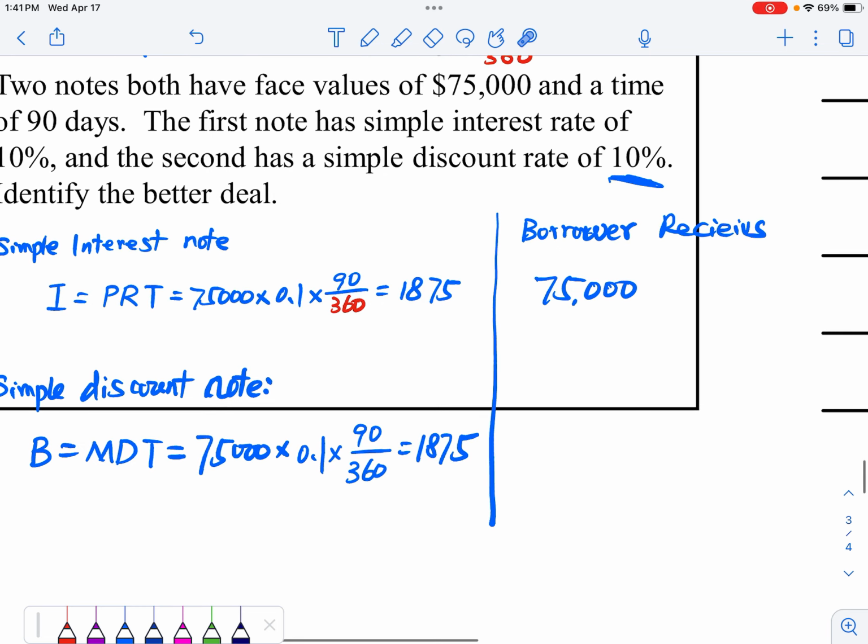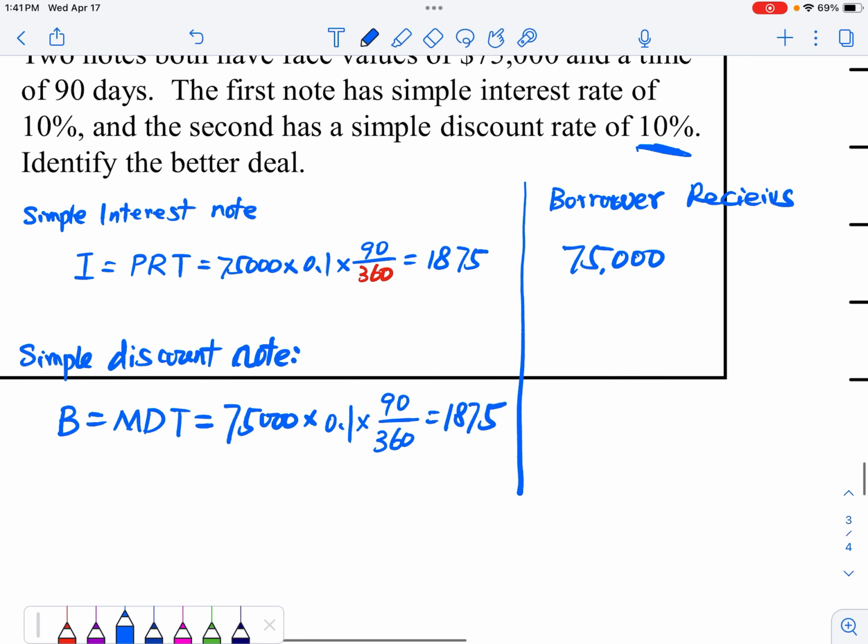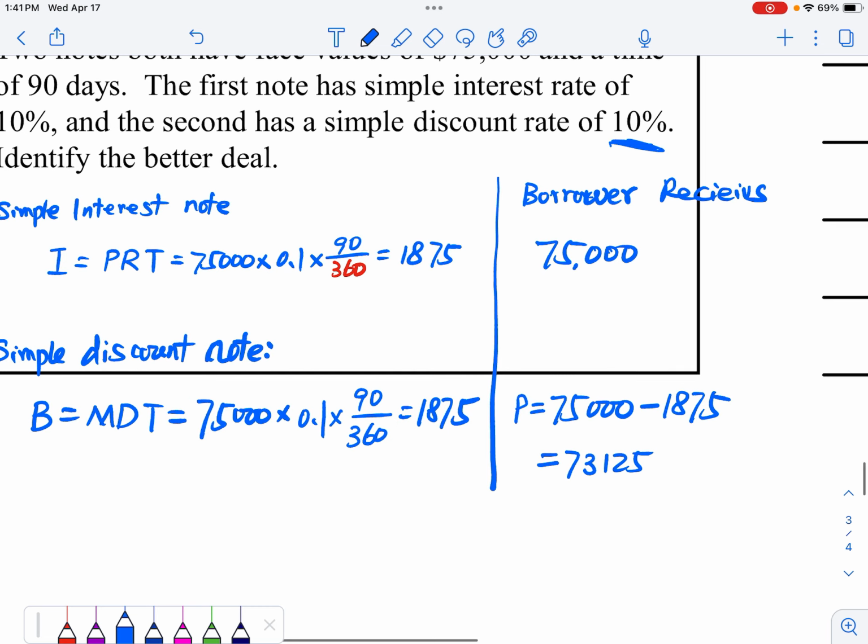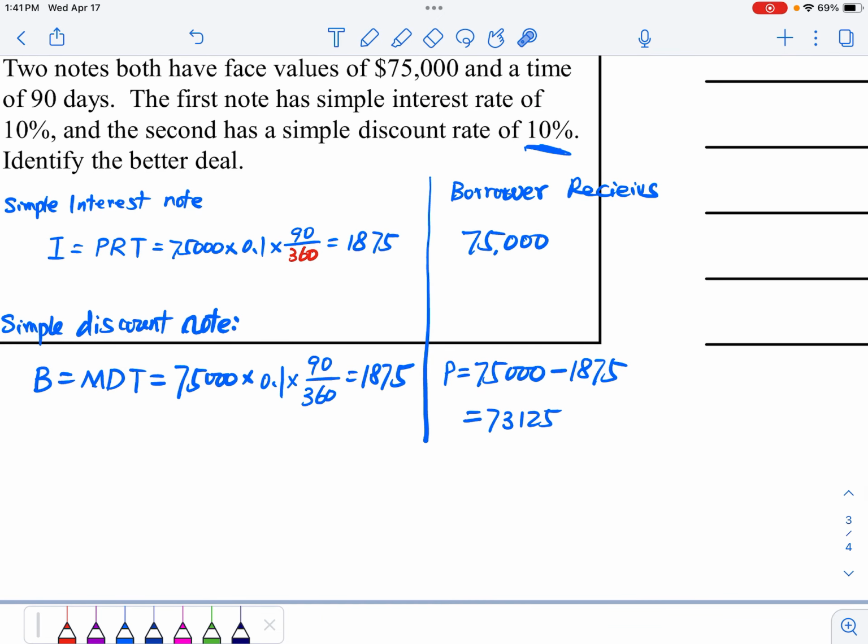Now, how much will the borrower actually receive? Because this is a simple discount note, the proceeds the borrower receives will be 75,000 minus the bank discount, which is 73,125. So now look at this yourself.